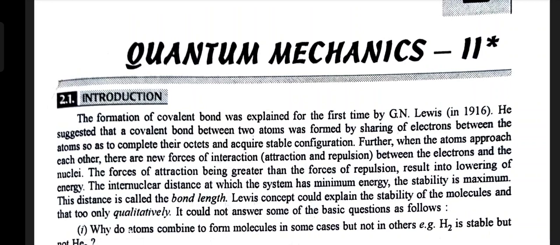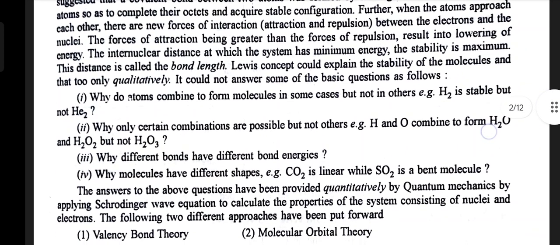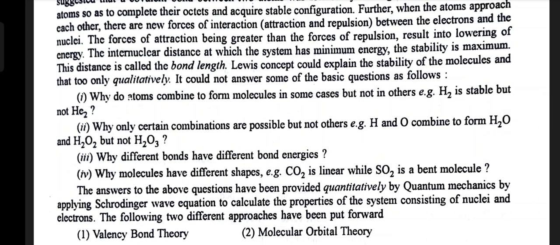Lewis' concept could explain the stability of molecules, and that too only qualitatively. It could not answer some of the basic questions as follows. First, why do atoms combine to form molecules in some cases but not in others? Example, H2 is stable but He2 is not.